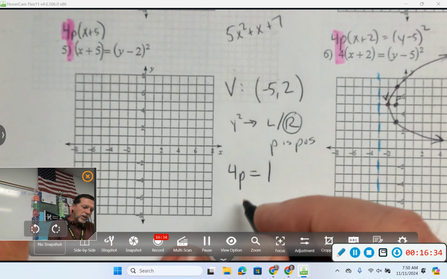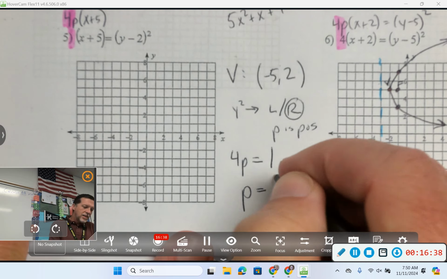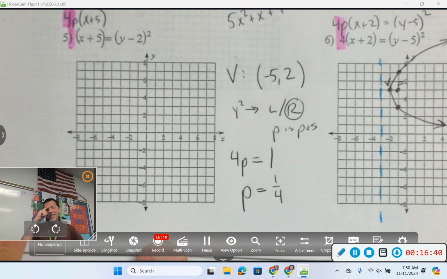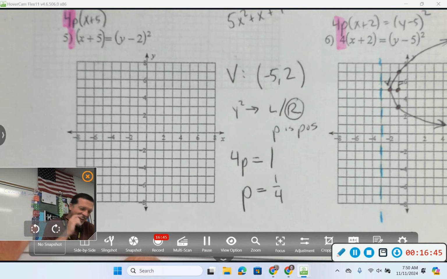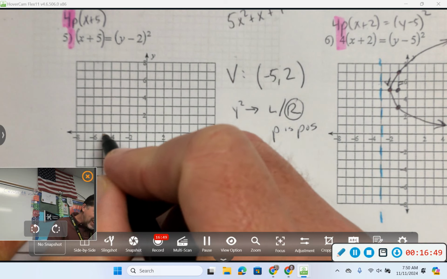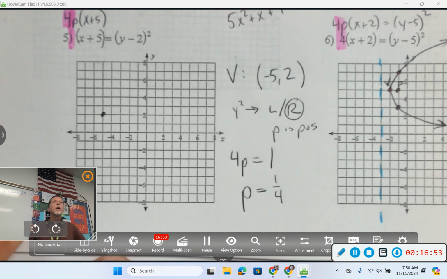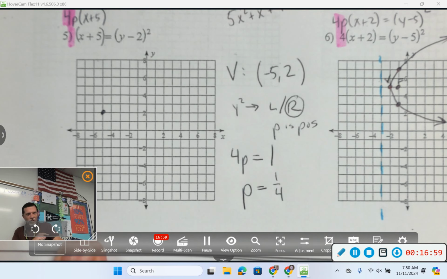So if 4p equals 1, so wait, 1/4? How do you do 1/4 away from the vertex? Very carefully. I mean, it's a good question. Because, yeah, this is going to be annoying. So 4p is always equal to the number in front of the non-squared term.